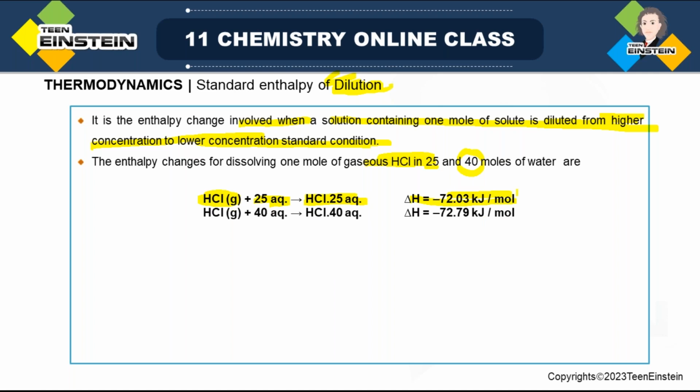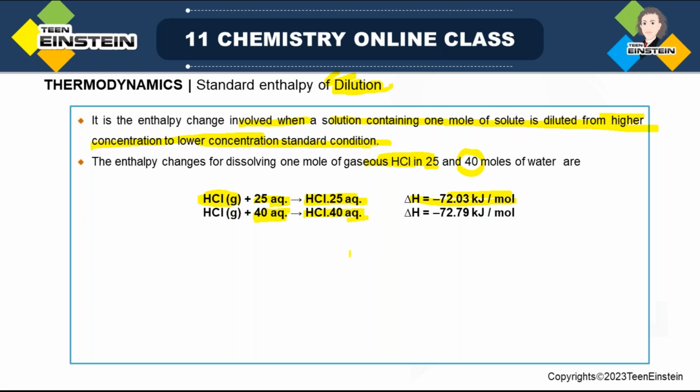For this process, the ΔH value is given. So this is, suppose, equation number 1, and the second equation is a completely different process. Now also you have started from 1 mole gaseous HCl, but instead of adding 25 moles of water, now you are adding 40 moles of water. So in this equation it is written 40 aq, and in the same format HCl.